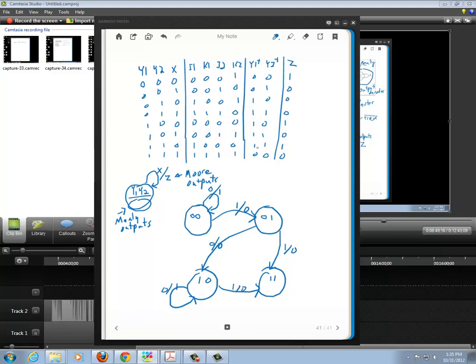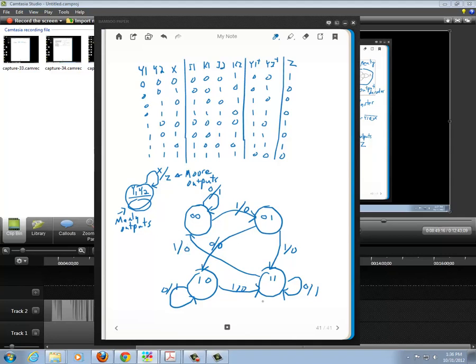State 1, 1 to state 1, 1 when X is 0 and Z is 1. And 1, 1 back to 0, 0 when X is 1 and Z is 0.